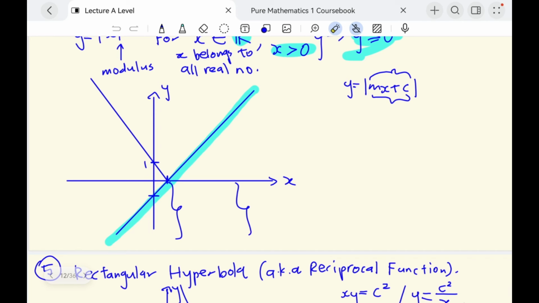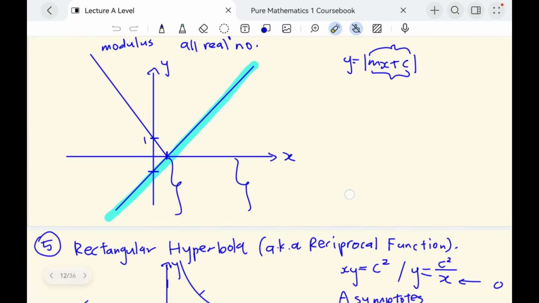Let's say you have mx plus c inside the modulus. You draw the linear line first, and then just invert the negative range of the graph, reflecting it upwards about the x-axis. Okay, just like that, done.